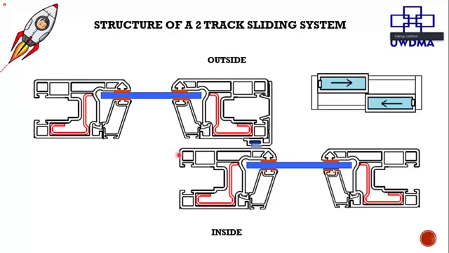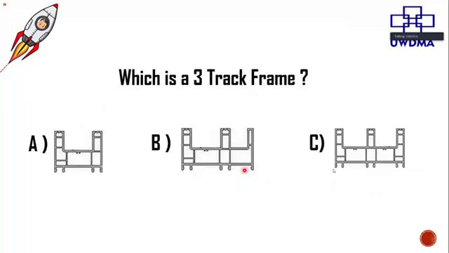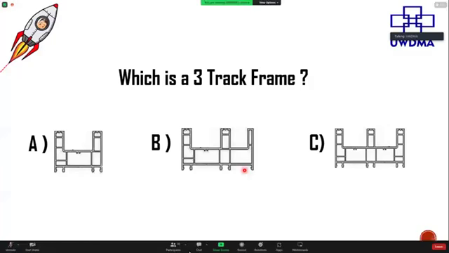Like this, it is fixed in one sash, and then it is fixed in another sash. So in one sash it's fixed here, and in the other sash it's fixed here. This way it is filling and locking the gap between both the sashes. So now nothing can enter from the gap between the sashes.